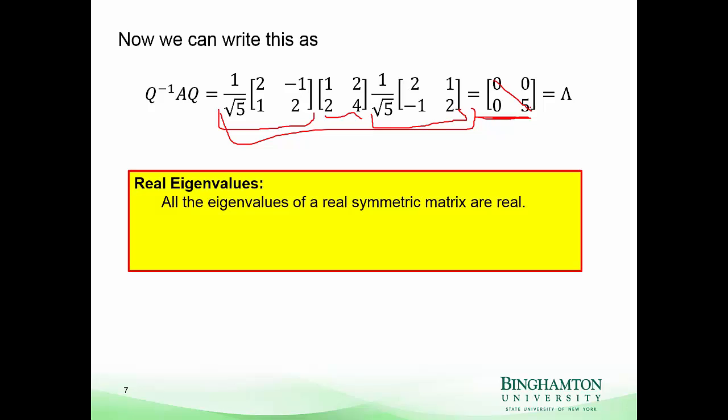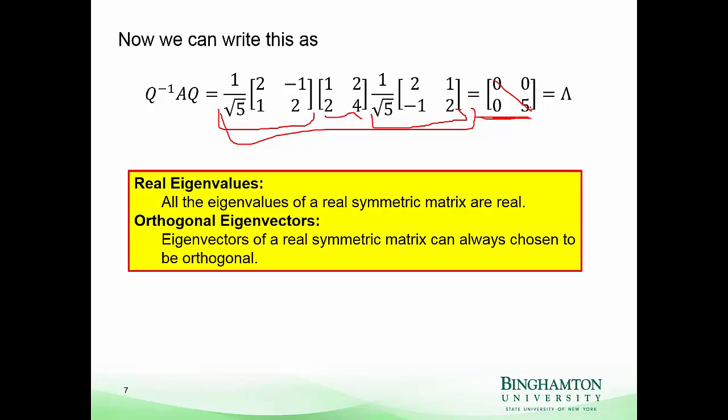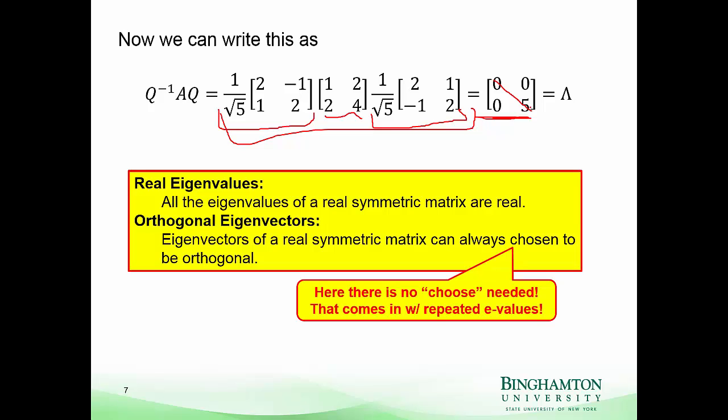So what we're illustrating here with this example, and also our general discussion, is that all the eigenvalues for a real symmetric matrix are real, and the eigenvectors of a real symmetric matrix can always be chosen to be orthogonal. They may be chosen to not be orthogonal, but we can always pick ones that are orthogonal.